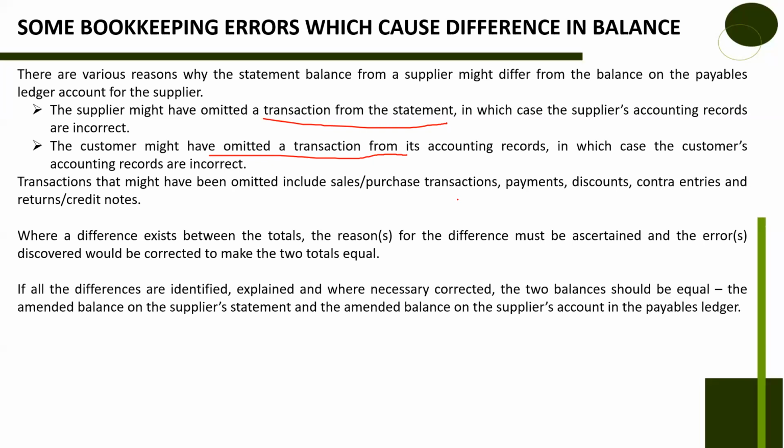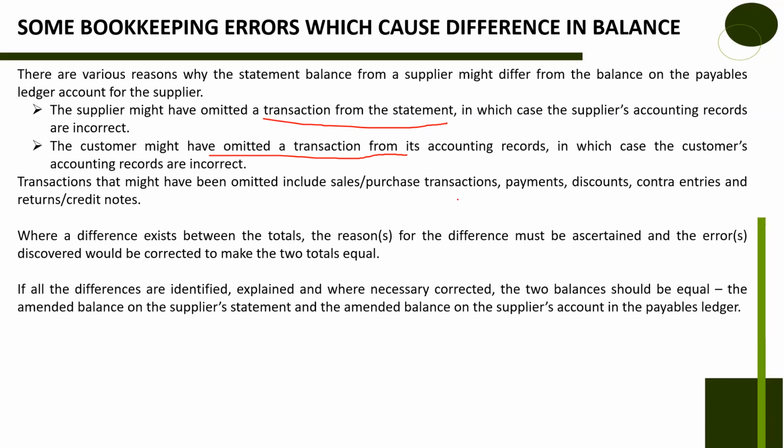I explained contra entries the other time. All these set-offs are contra entries, they are in and out. I'm owing you money here, you're owing me money here, we balance it to nil and cancel each other out. That's a contra entry. All the differences must be identified and explained, and when necessary, corrected.